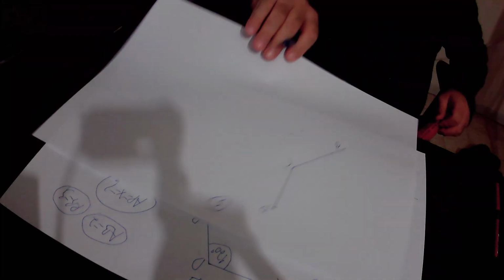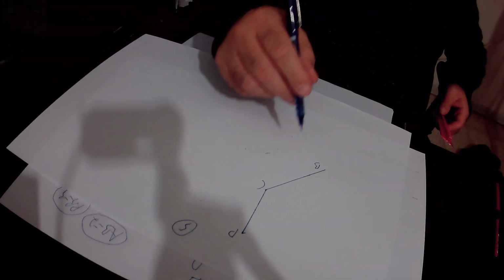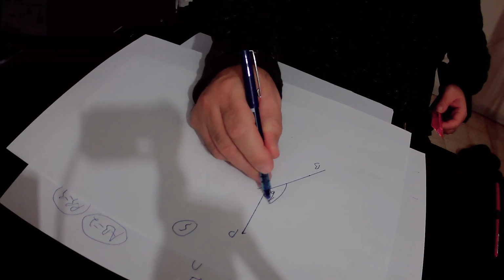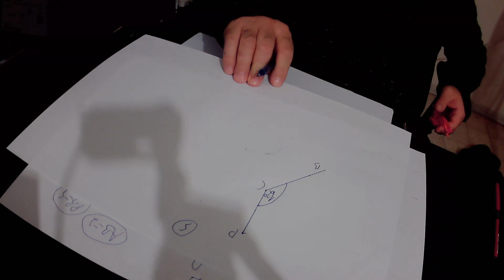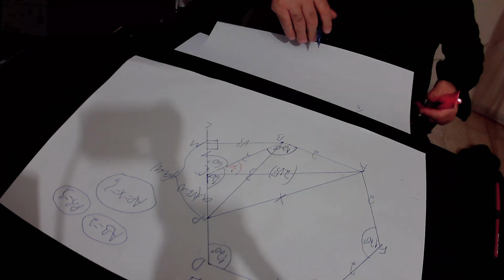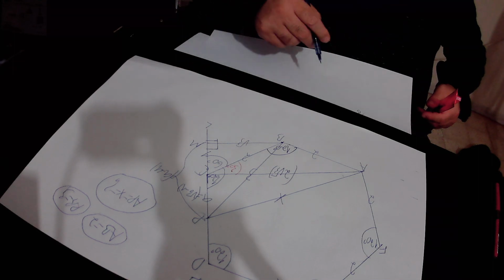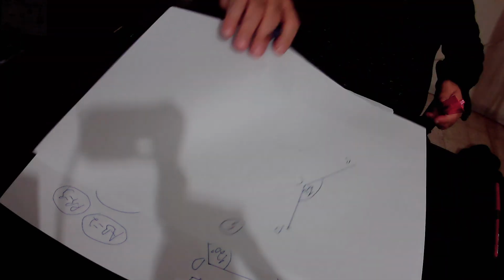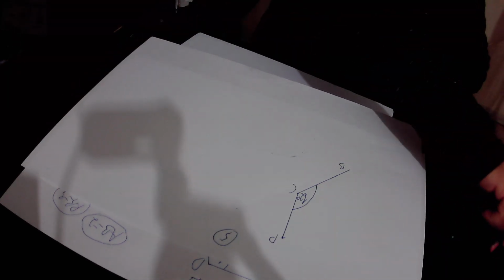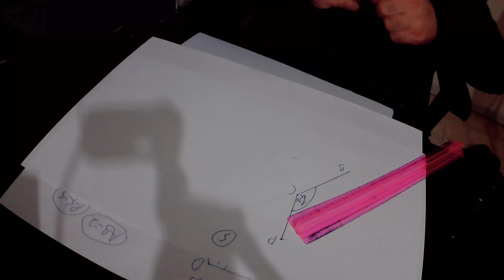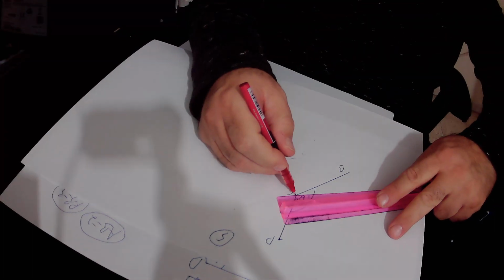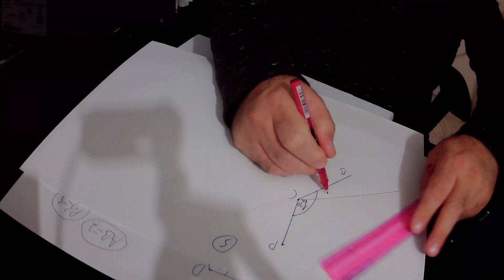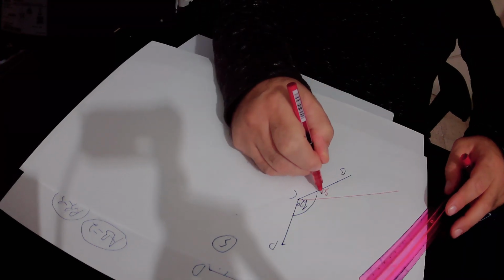We have the small angle ACB that is equal to 30 degrees.